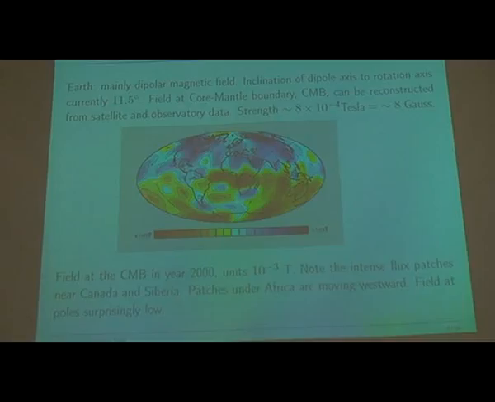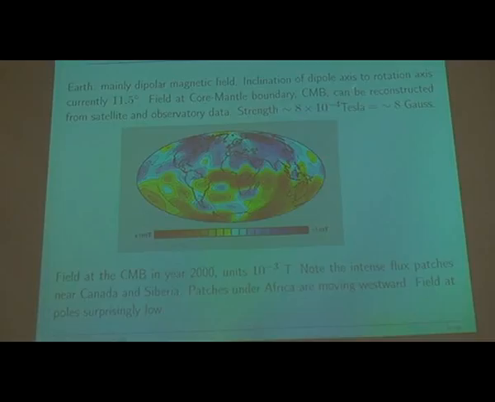So what do we see in this picture? Well, this is the year 2000. The units: these geophysicists nearly always use Teslas and SI units. Since I've been brought up in the astrophysical community and moved into geophysics and back, I'm in a fairly schizophrenic state about this, but I can tell you that 8 Gauss is 8 times 10 to the minus 4 Tesla, and that's the typical field strength of the Earth's magnetic field.